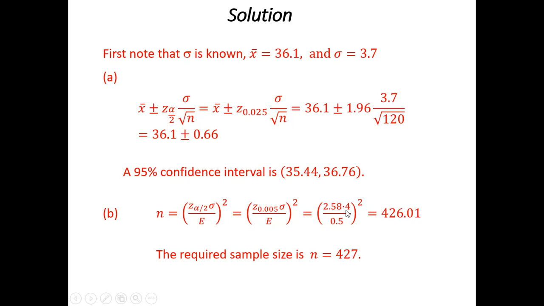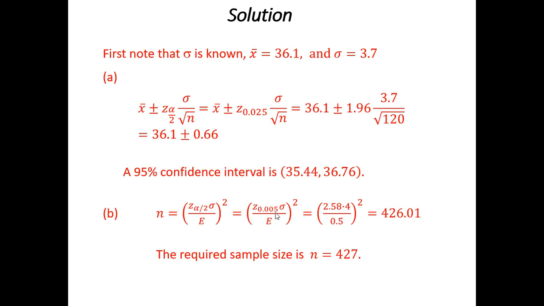And for 99% confidence, we need to think in terms of this z, 0.005. In other words, with 99% confidence, we're going to have an area of 0.005 in the left tail and an area of 0.005 in the right tail.